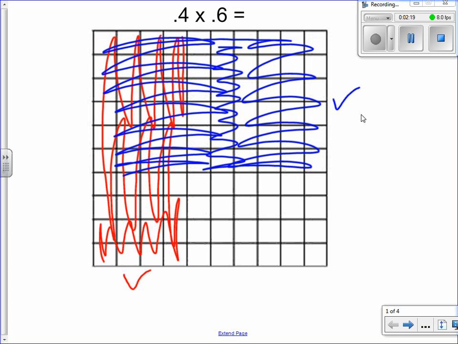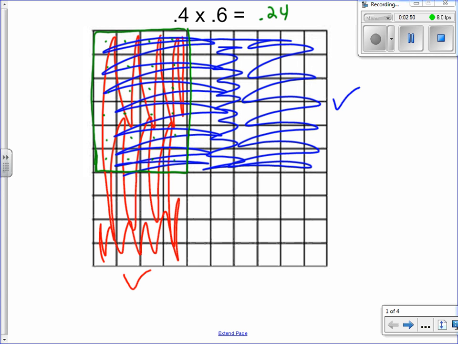Now remember, the answer to this problem, when we did this in class, is the overlap here. Make sure I get this correct. This is my overlap right here, this section right in here that I've outlined in green. And if you count the squares, 1, 2, 3, 4, 5, 6, 7, 8, 10, 11, 12, 13, 14, 15, 16, 17, 18, 19, 20, 22, 23, 24, the answer to this question is 24, and this is a hundredths chart.